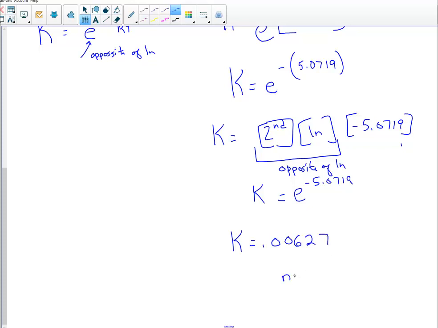0.00627. No units on an equilibrium constant or a reaction quotient. It's just a number, and it's the size of the number, the magnitude of the number that's interesting to the chemist. This is a number that's very small, so the reactants are being favored in the reaction.